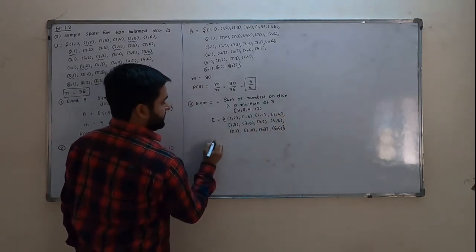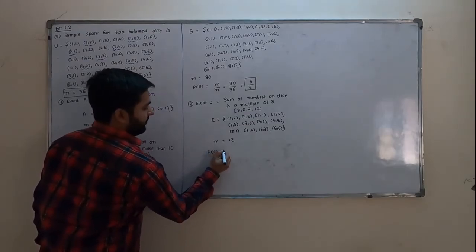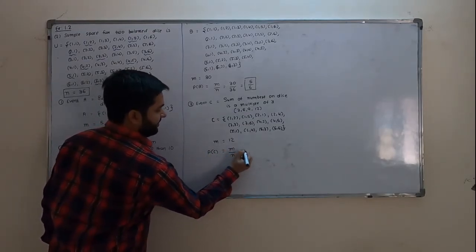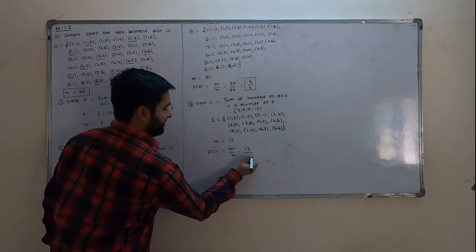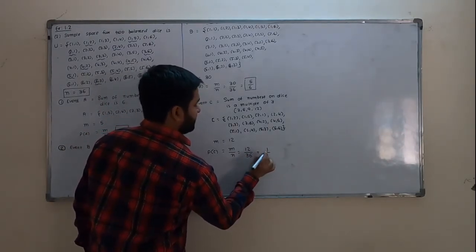So 4 3s are 12 elements. m is equal to 12. P of C, m by n, 12 by 36, and we will cut by 12, so it will be 1 by 3.